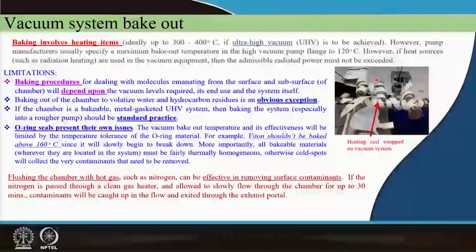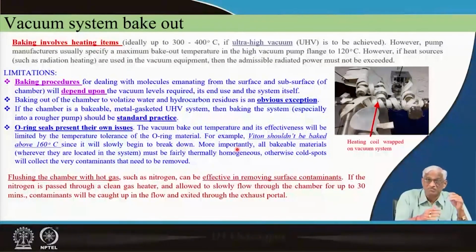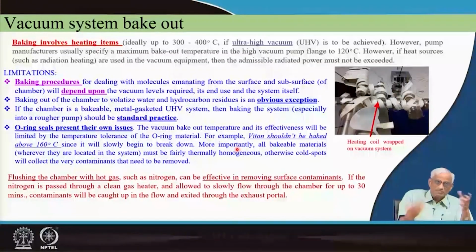So, baking is a very important operation for heating it, so that outgassing later during the actual operation will be less. And you can also flush it with some dry gases like nitrogen or argon, preferably inert gases, and then bake it again before the actual process.